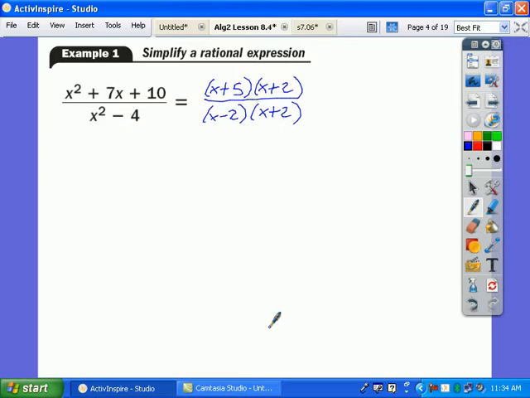Now I see I have x plus 2 divided by x plus 2. Those cancel out. And again, we're just left with x plus 5 over x minus 2.